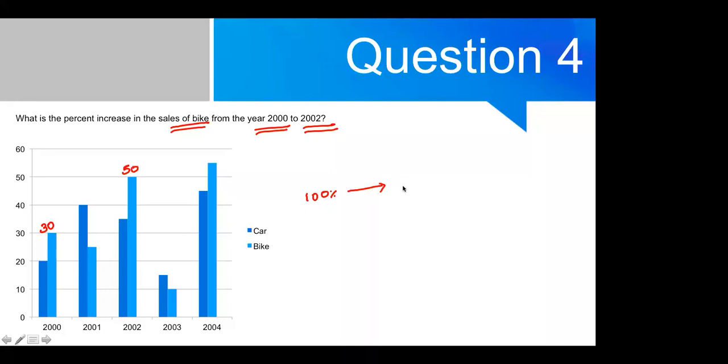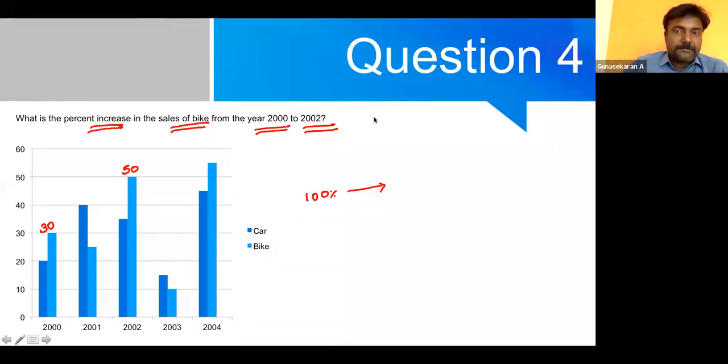No, wrong answer, Anju. What is 100%? 30 is 100%. Then what are they asking?